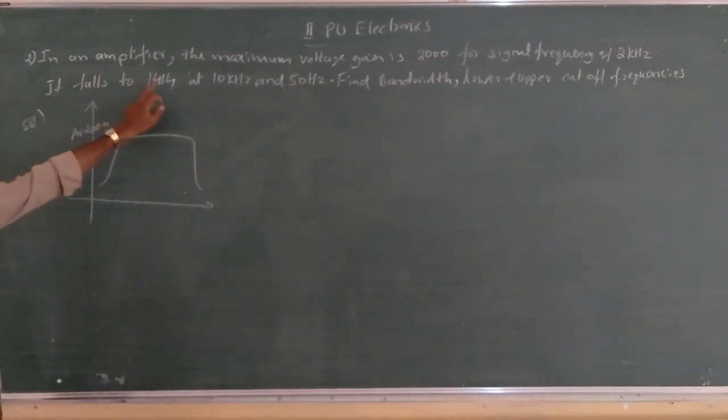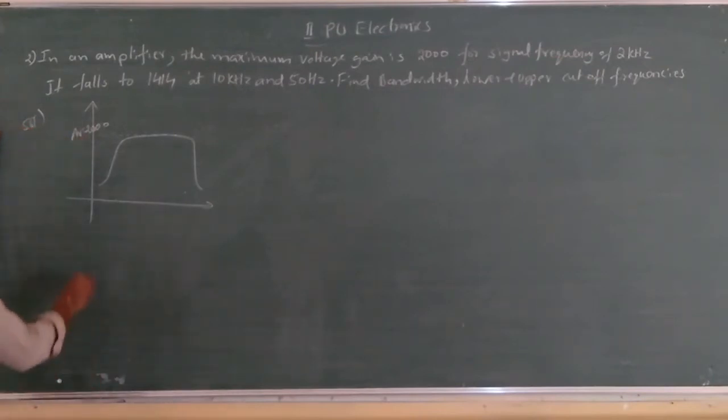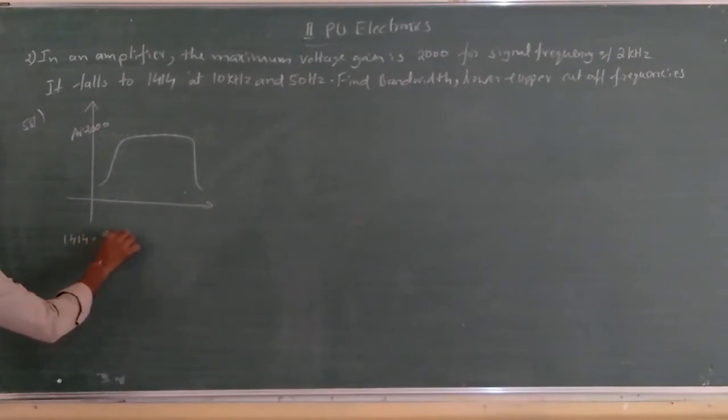It falls to 1414 at 10 kilohertz. See, this is 2000. What is 1414? Whether it would be maximum gain divided by root 2. Just calculate it. 1414 is equal to 2000 divided by root 2. Is it possible?